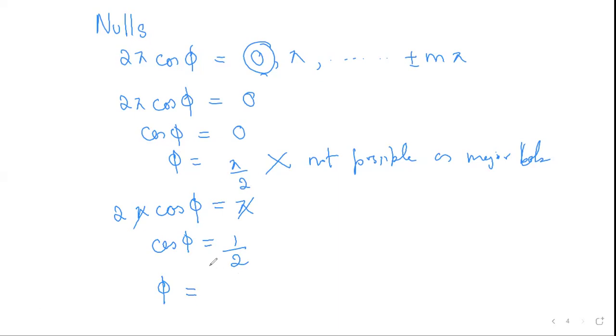They are right. Pi by 3. Can we also have it at minus pi by 3? Yes. And minus pi by 3. What is pi by 3? 60 degrees or 30 degrees? Okay. So please remember this, 60 degrees and minus 60 degrees, you have the nulls.